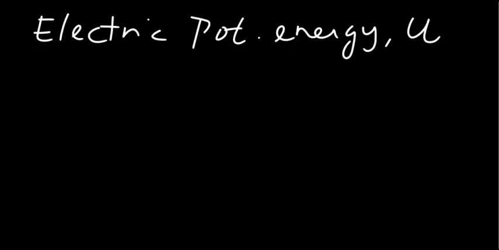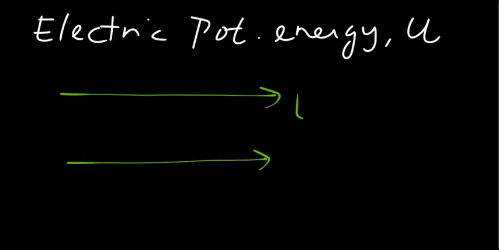What that means is, assume that you have a point charge in a region where there is an electric field. So assume the point charge is a positive point charge. Since the electric field is moving to the right, it is a vector quantity, so it has direction.